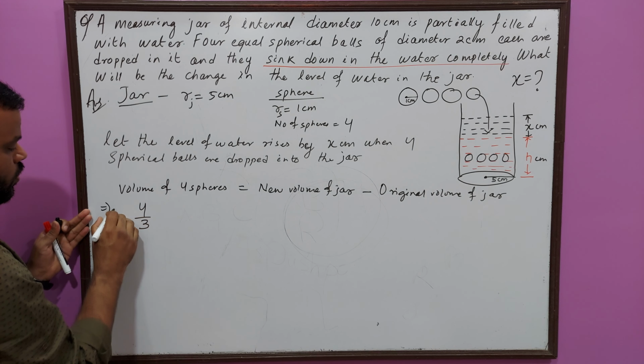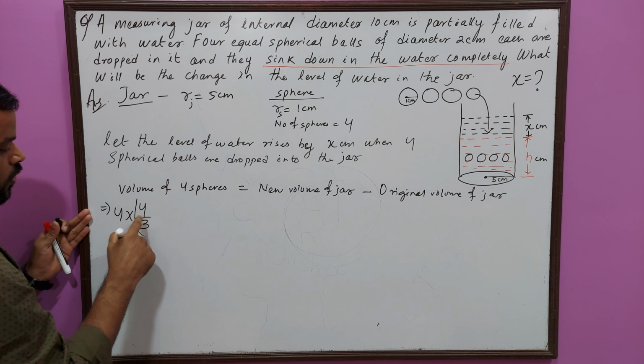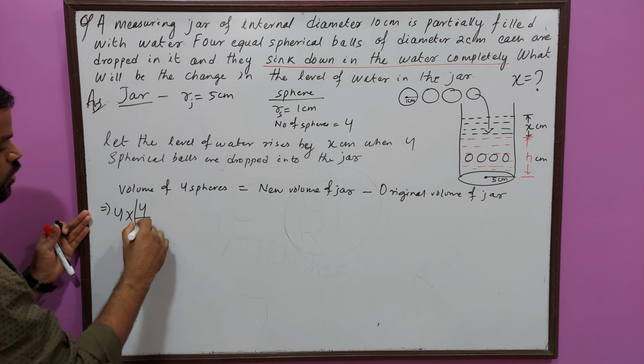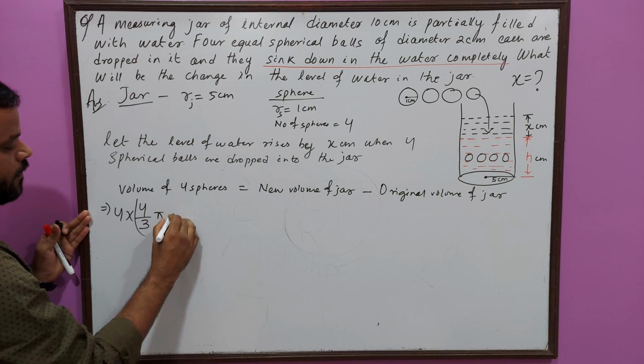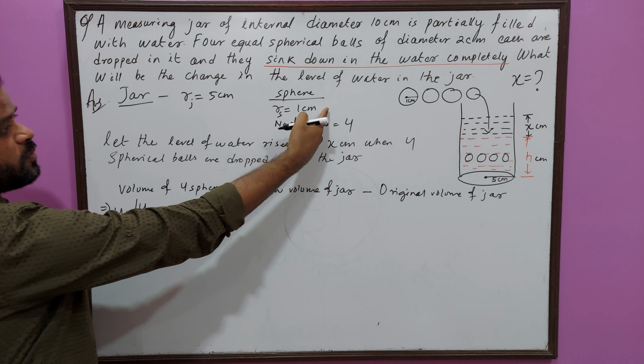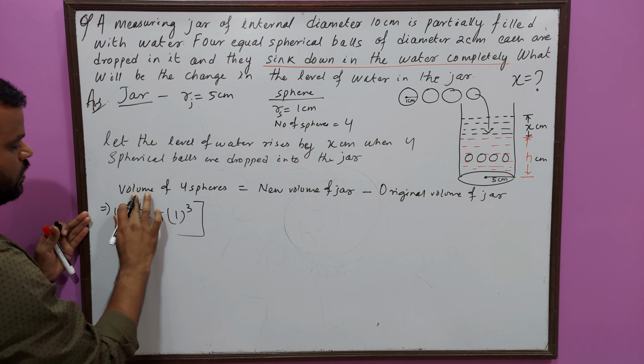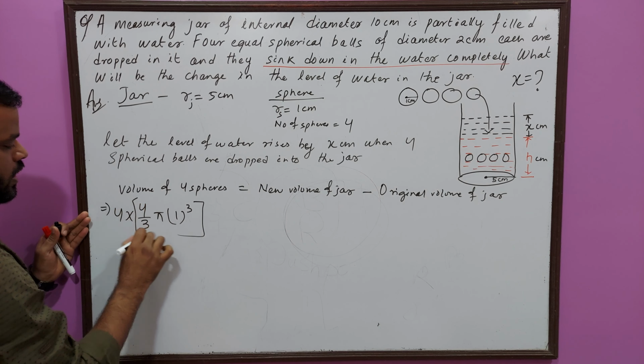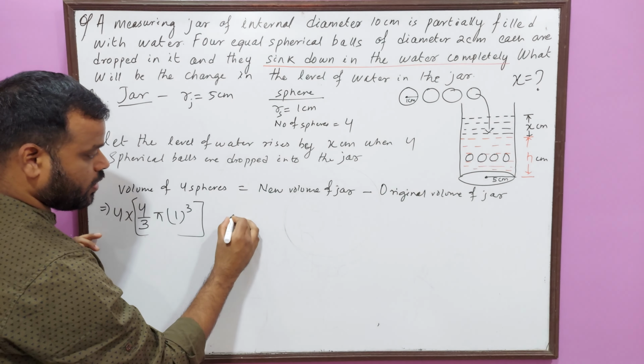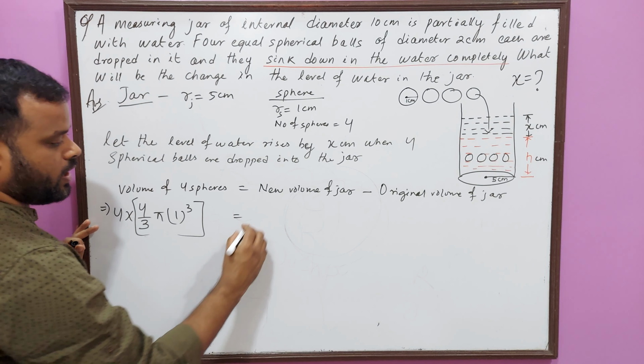What will be the volume of four spheres? 4 into the volume of one sphere. So 4 by 3 pi r cube, where the radius of the sphere is 1. What is the new volume of the jar?